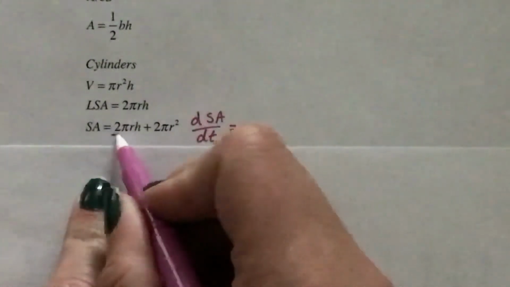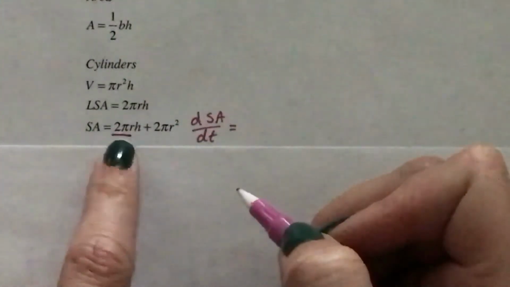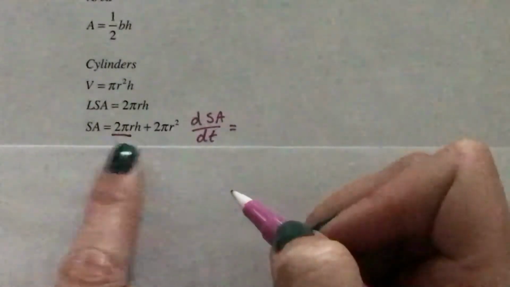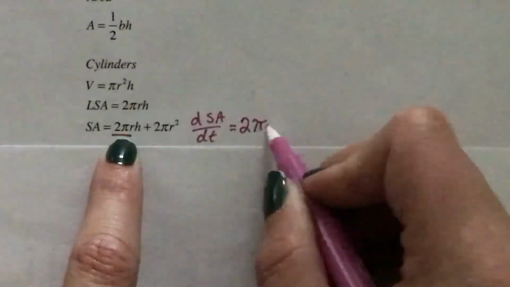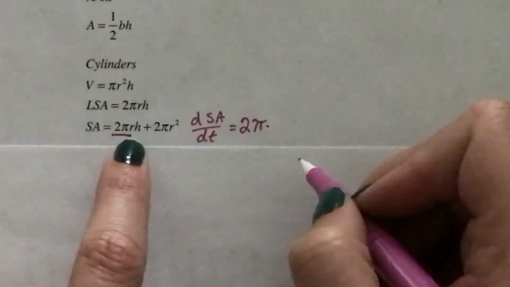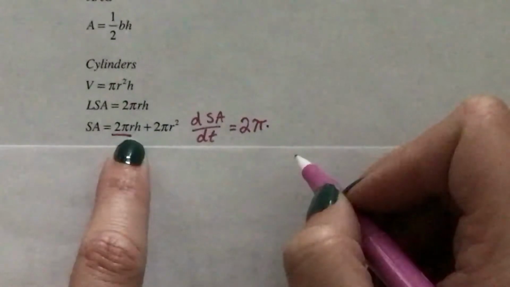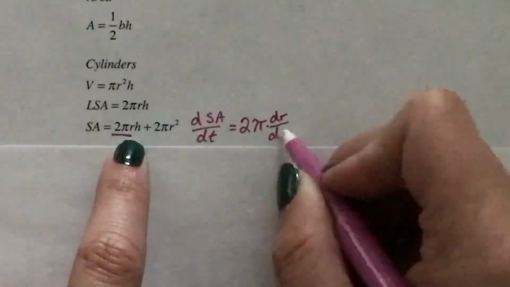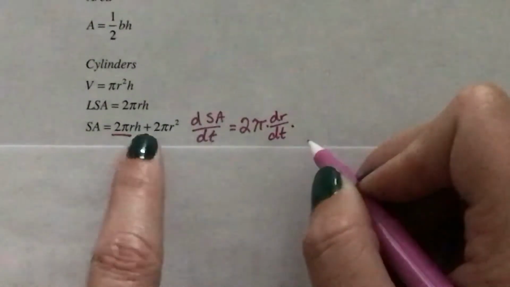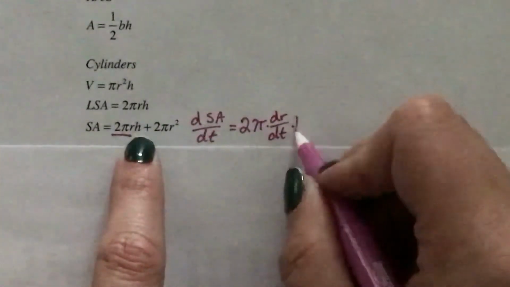Product, awesome. So 2 pi r is going to be our first function, h will be the second function. Derivative of 2 pi r is going to be 2 pi times, and then instead of r, what will we write? Good, dr dt. And then times that second function, which is just an h.